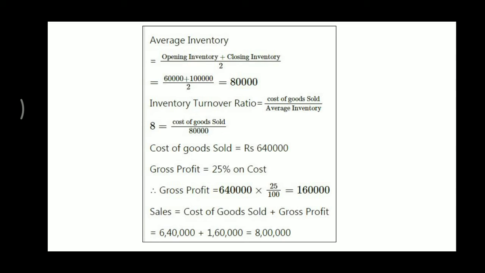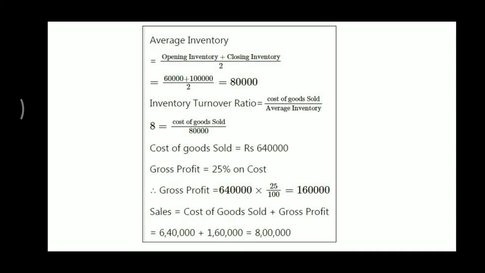So selling price 25% above cost, that means simply you will be getting the gross profit. Okay. So now figures given are opening inventory 60,000, closing inventory 1 lakh, ITR ratio is given as 8 times and selling price is 25% above cost.